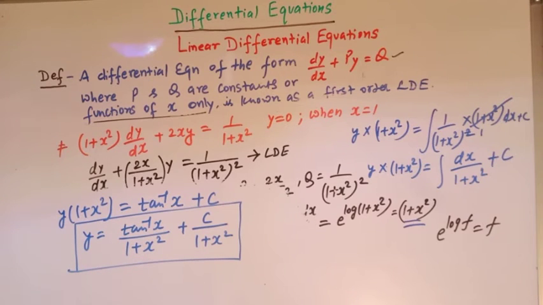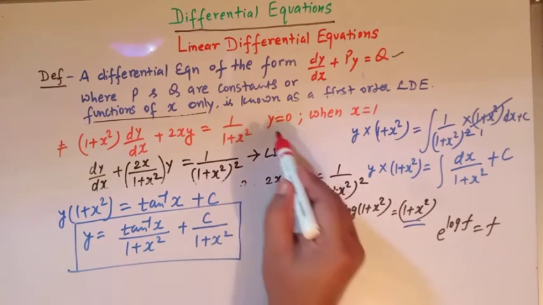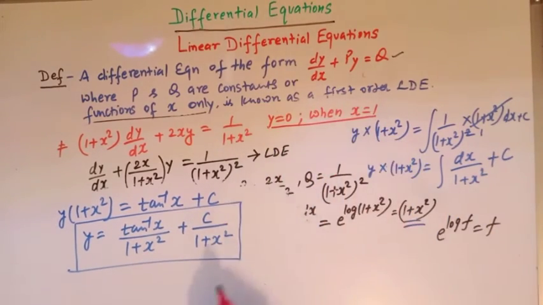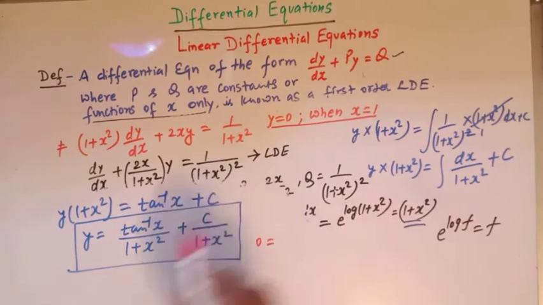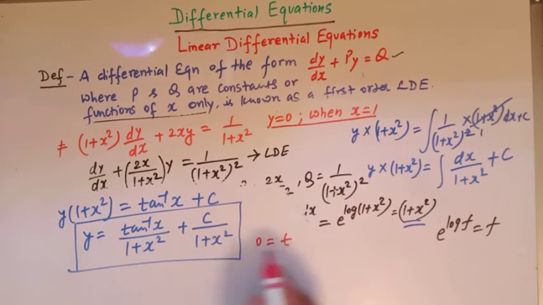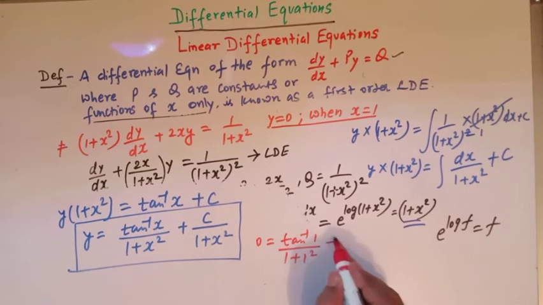Clear? Now if we want to find the value of c, we will make use of these values. So y is equal to 0 when x is 1. So we have 0 equal to tan inverse 1 over 1 plus 1 square plus c over 1 plus 1 square. Clear?